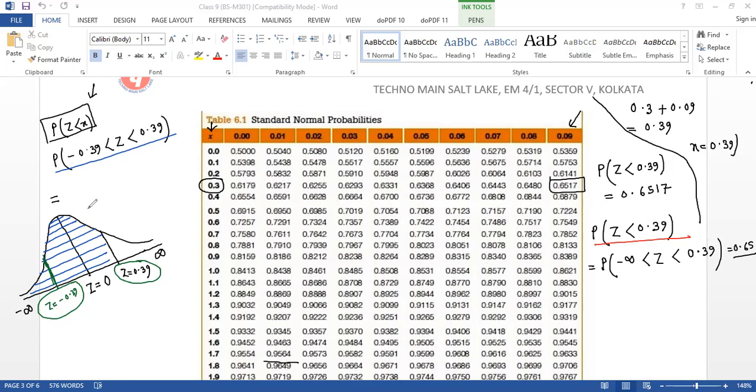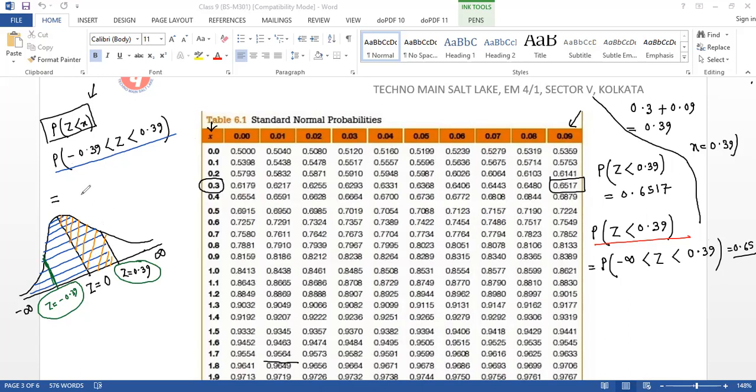So first of all, I will try to find the probability of this portion. I'm marking it; this is the area that I'm going to find out.